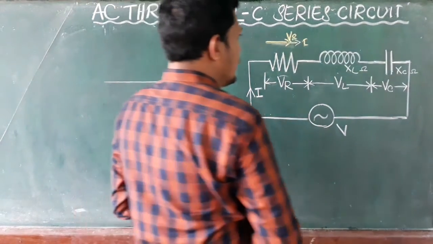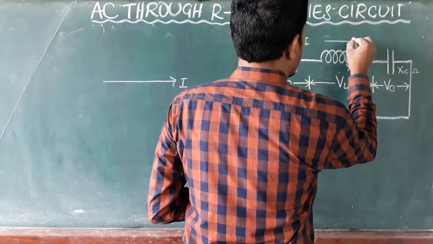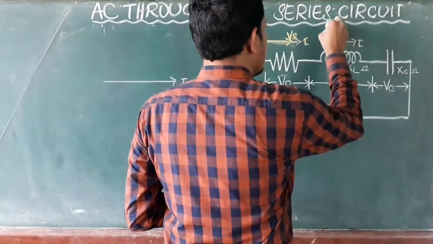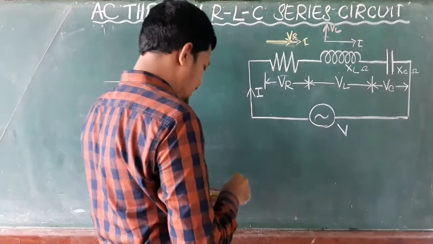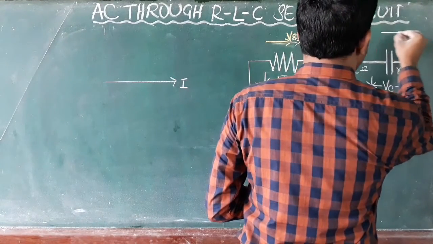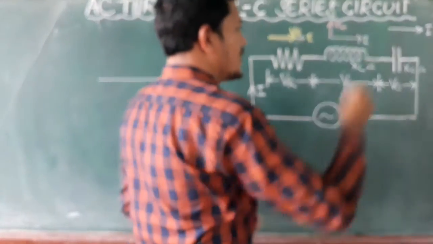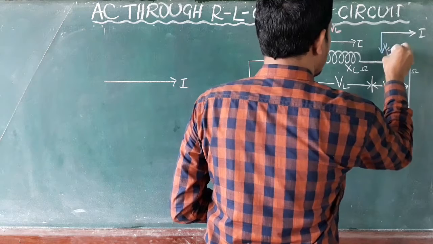In this case, the current is I and the voltage VL is leading the current by 90 degrees. And in the third case, with current I, the voltage VC lags the current by 90 degrees.